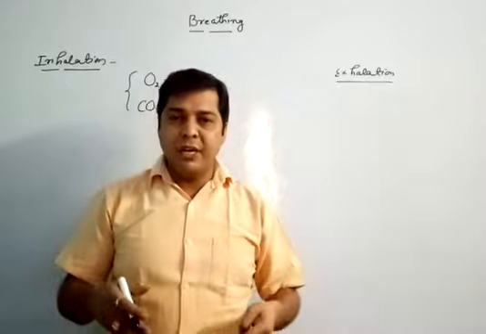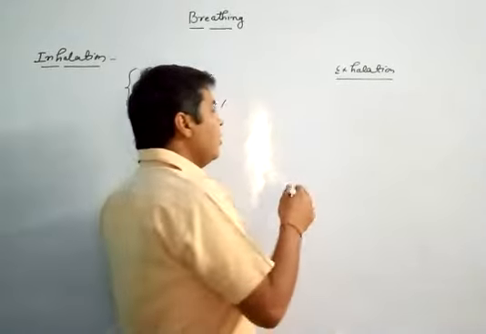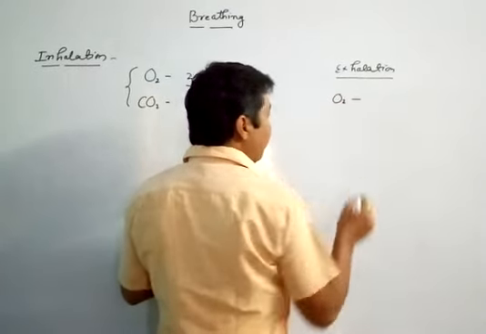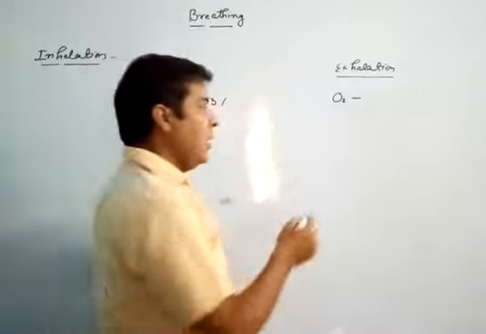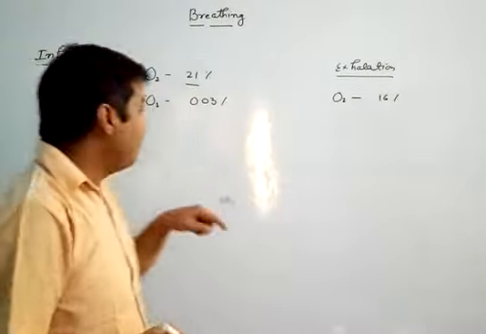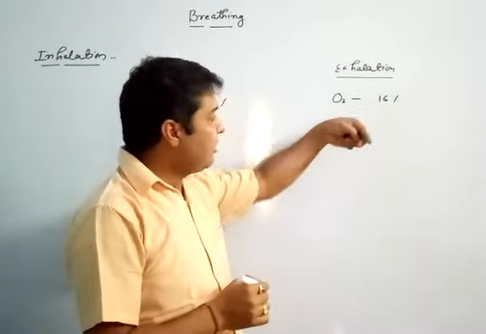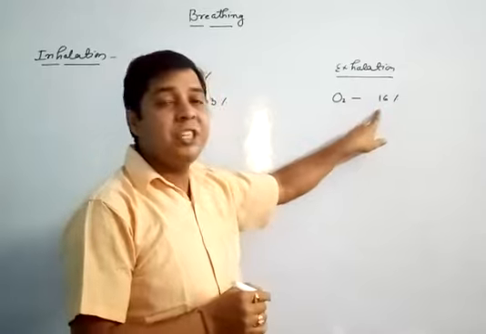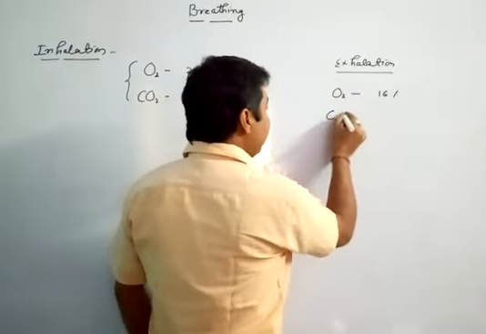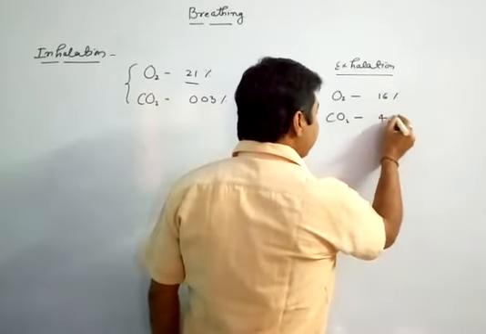So children, you must remember, the oxygen that we remove is 16%. At the time of inhalation, we take 21%, but at the time of releasing, only 16% of oxygen is moving outside. At the same time, expelled carbon dioxide is 4%.